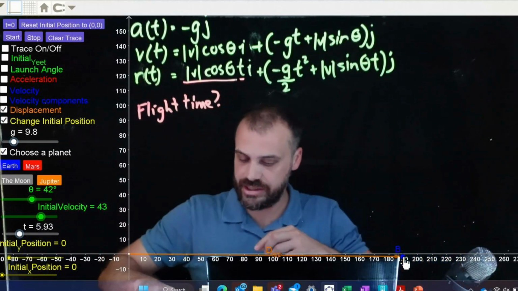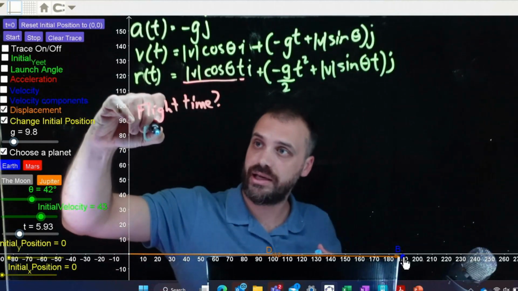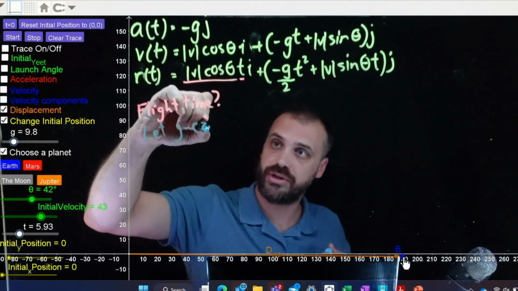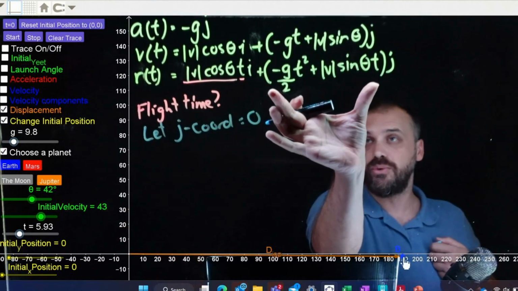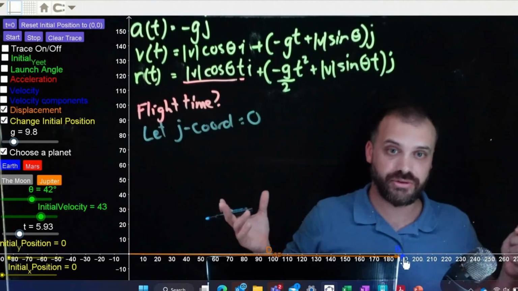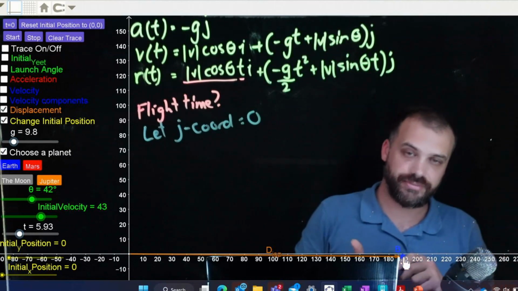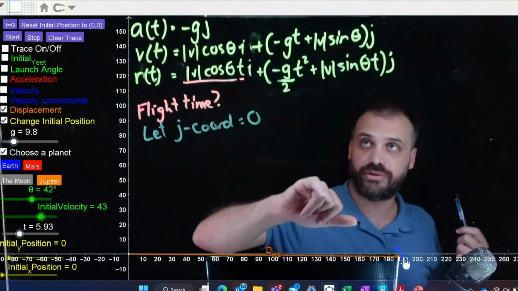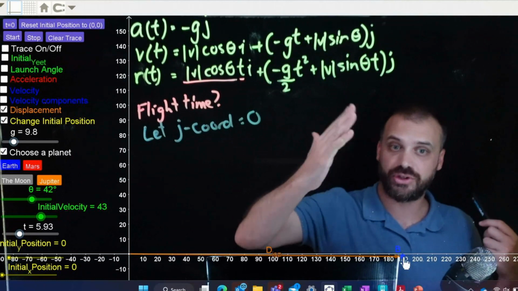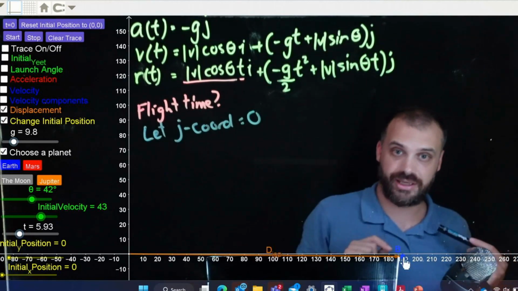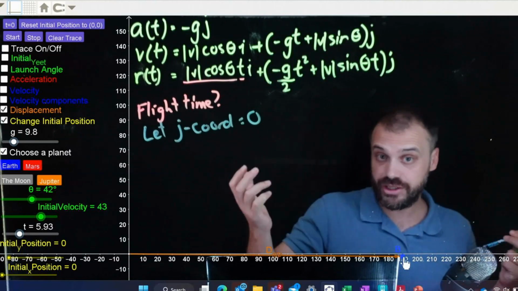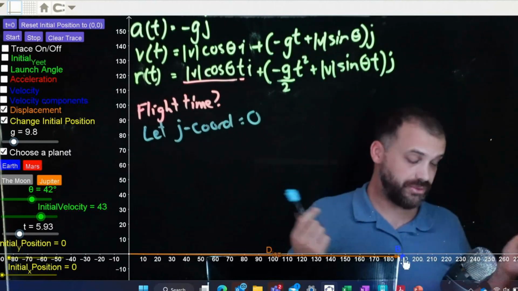So the simple answer is to let the j coordinate equal 0 and solve for t. Now remember, you know what gravity is, you know what the velocity and launch angle are, and you're trying to find out when it hits. Okay, so that's flight time: let the j coordinate equal 0, solve it.